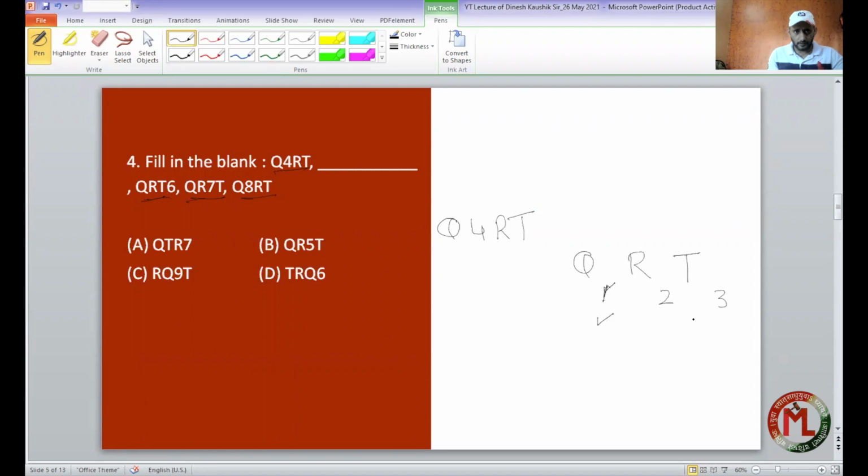And in the second term, the number is missing. In the third term, it is here at 3. Then in the fourth term, a number comes here. In the fifth term, a number comes here. I hope you are getting some logic.